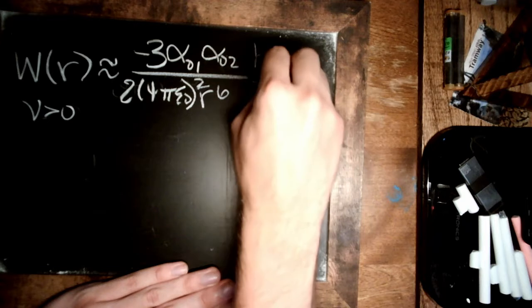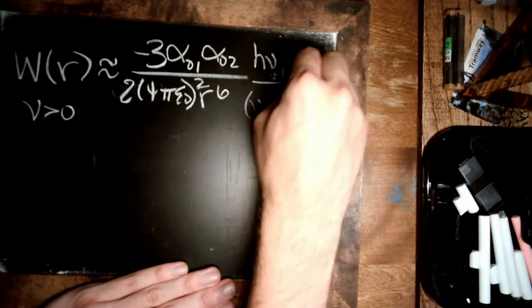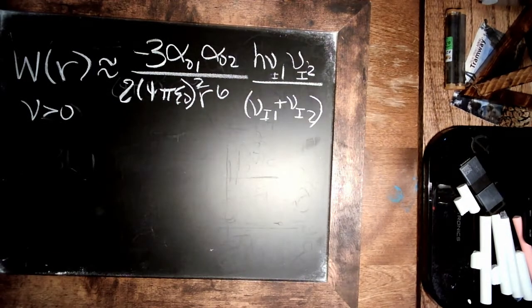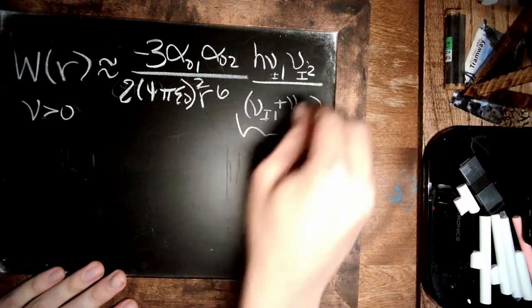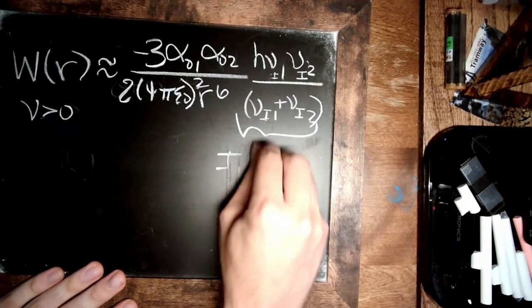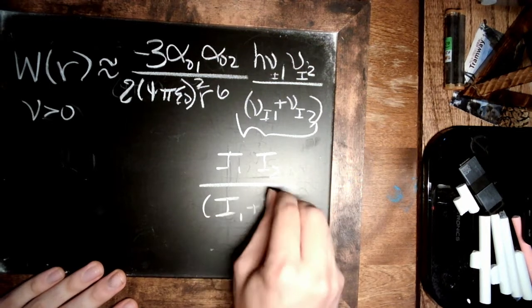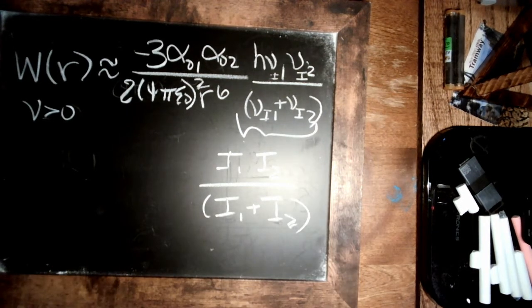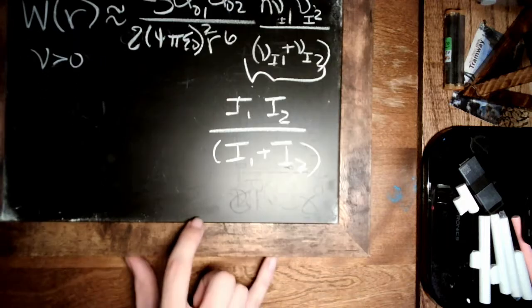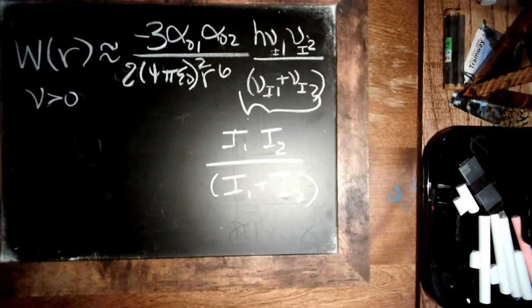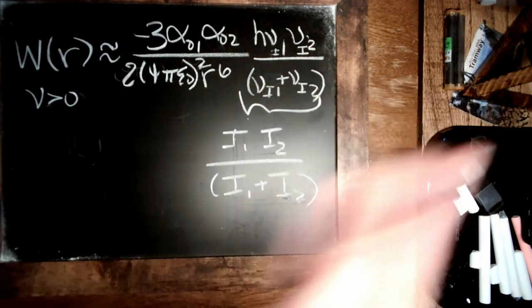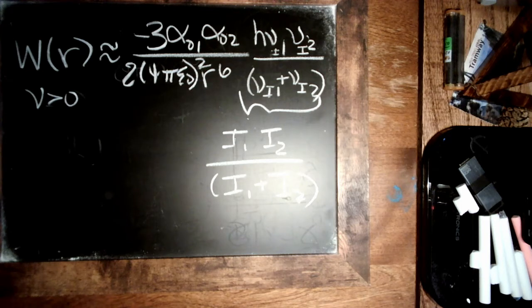So I meant to subscript these as I. So again, this is the frequency at which the atom or molecule ionizes. We previously wrote this as I1 times I2 divided by the sum. What we've just recovered is the London dispersion relation. Right here, coming out of the higher order frequency terms of the McLachlan equation.